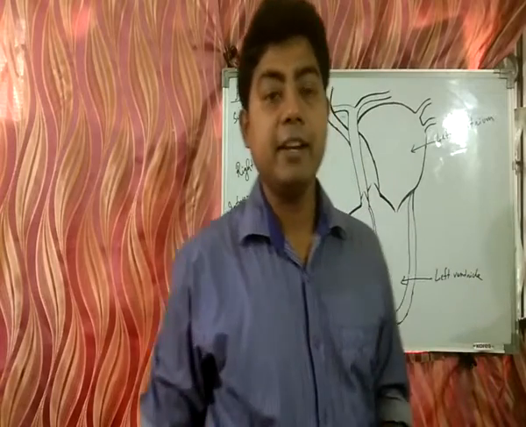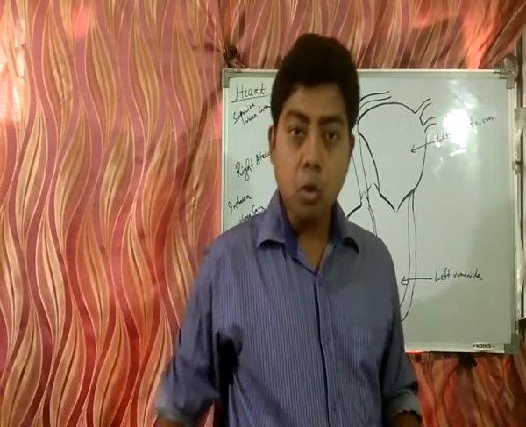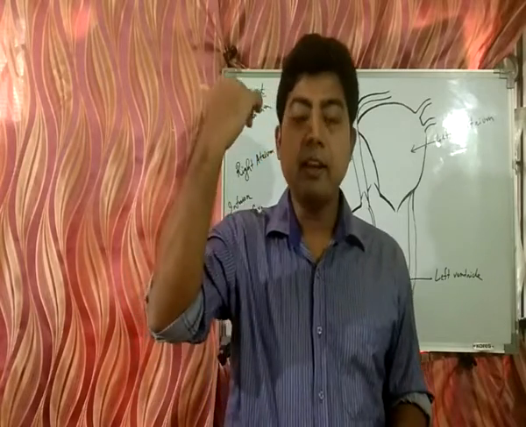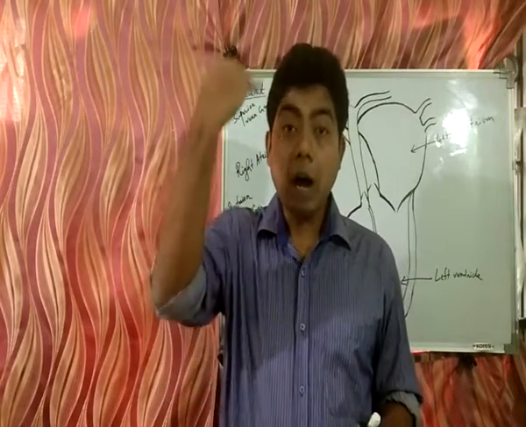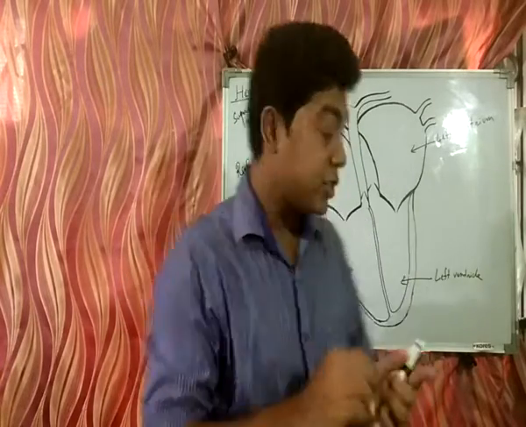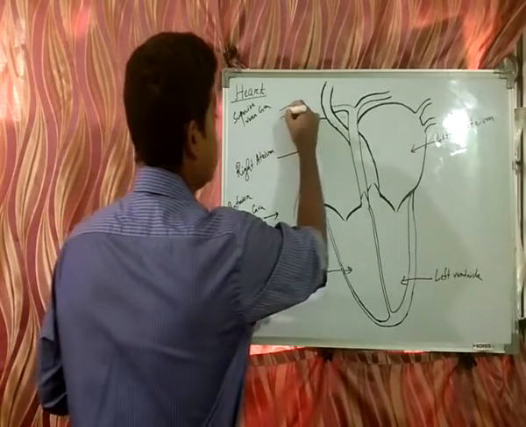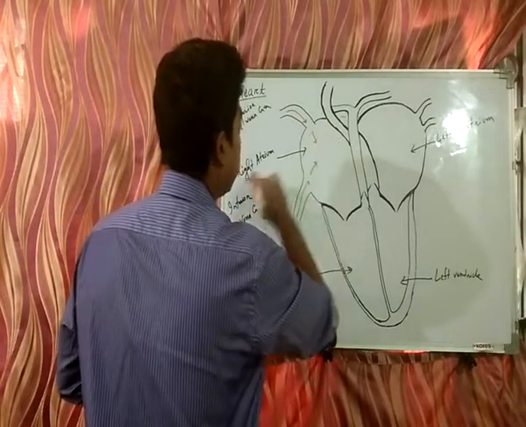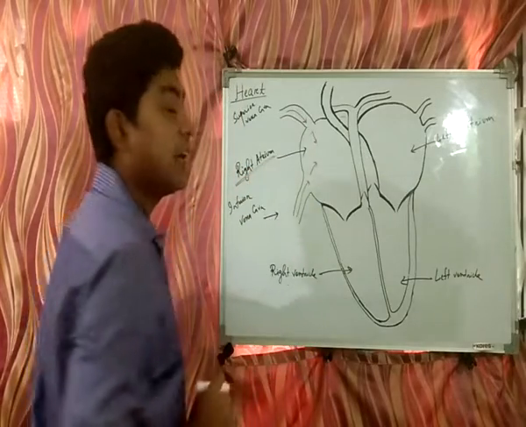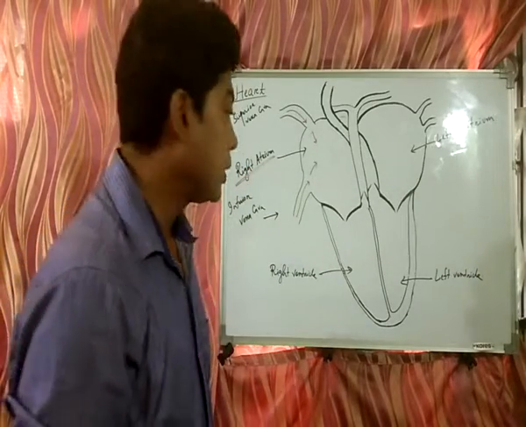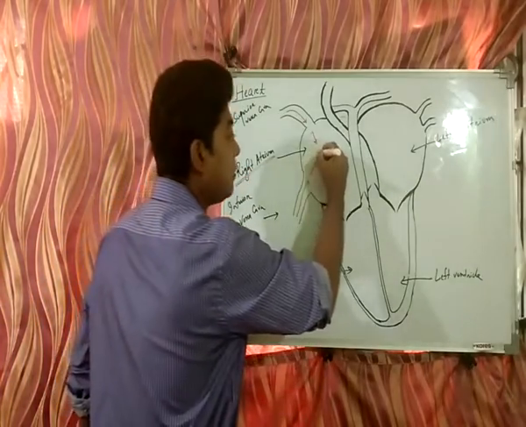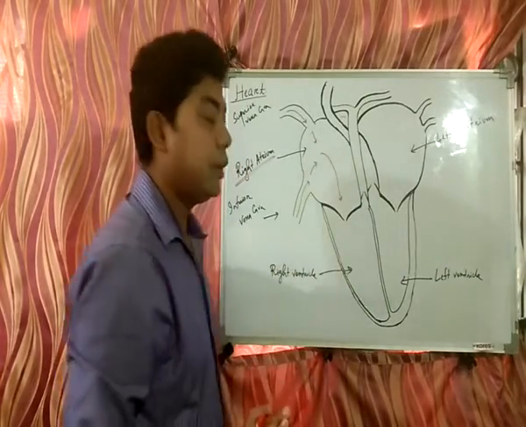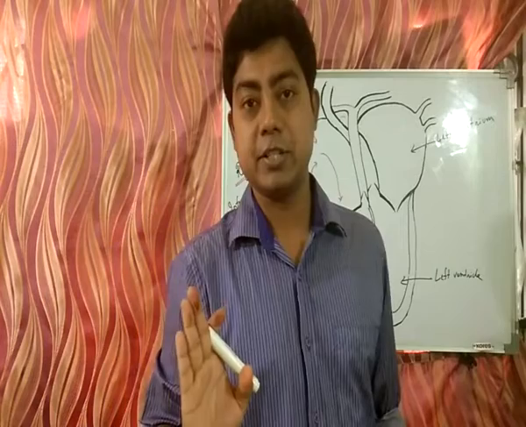The inferior vena cava carries deoxygenated blood from the lower part of the body, and the superior vena cava carries deoxygenated blood from the upper part of the body. These two carry it to the right atrium, and from the right atrium it moves to the right ventricle.